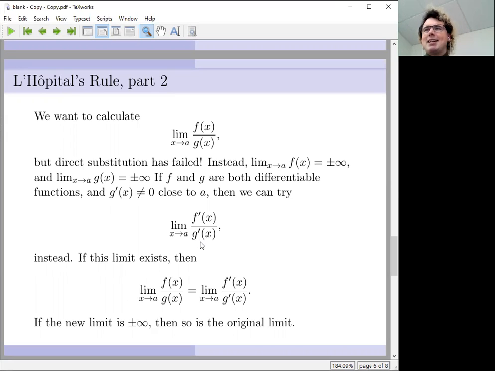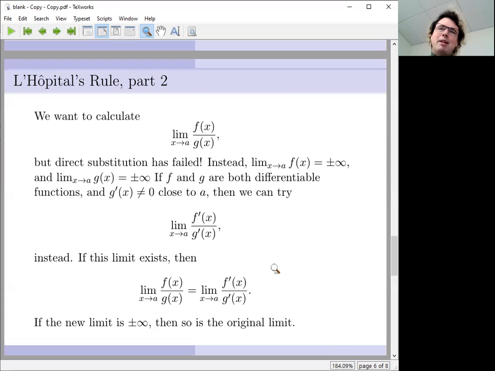So this gives me a second kind of indeterminate form of infinity divided by infinity. Well, in that situation, I can still use L'Hopital's rule. So as long as these functions are both differentiable and the derivative of g of x is not 0 when we're close to my target coordinate, we can try to calculate this new limit instead, the limit as x goes to a of f prime of x divided by g prime of x.